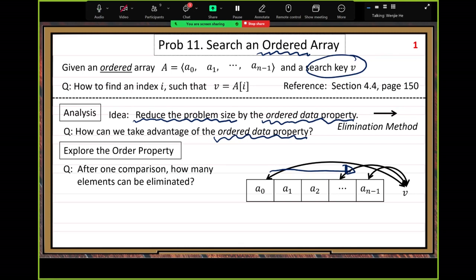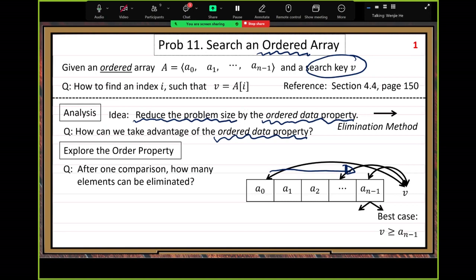If we can control our prediction range as small as possible, then we can do less work. So that's the thinking here. All right. So let's look at one special comparison. Compare V with A sub n minus 1. There are two possibilities.